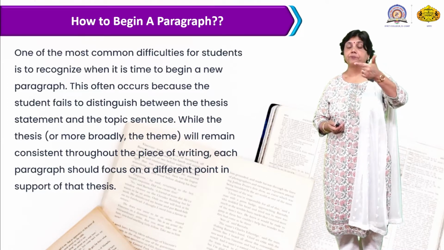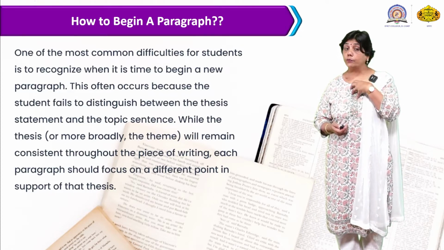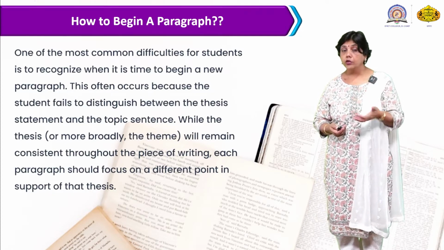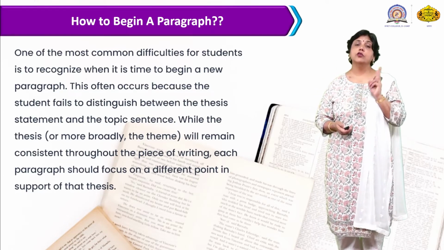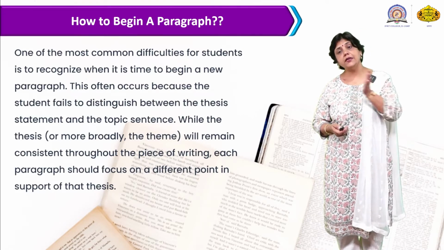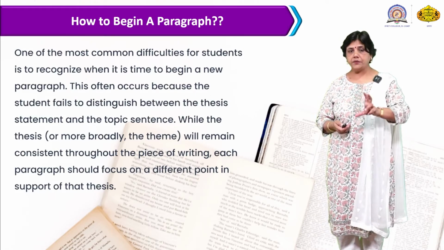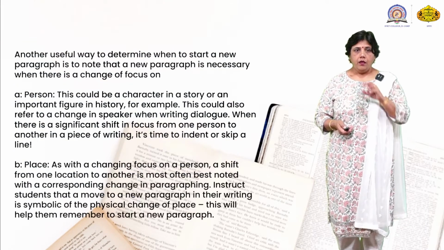That this particular paragraph is about mother in general. Second is about my mother whose name is so and so. Third can be about her routine. Clear? So you have to make this thing very clear in your mind. Thesis sentence and topic sentence. Thesis statement is a broad term.